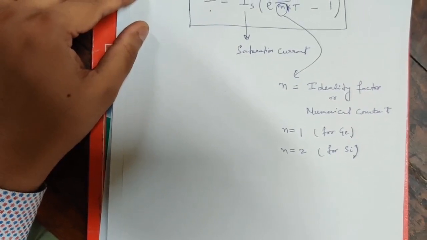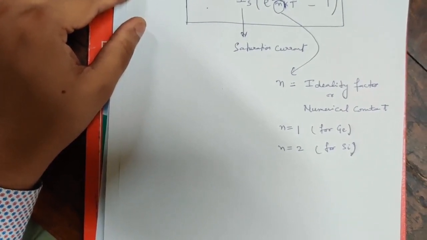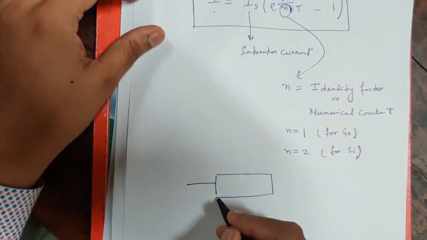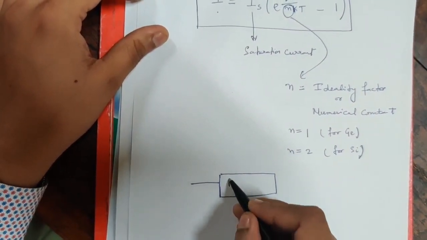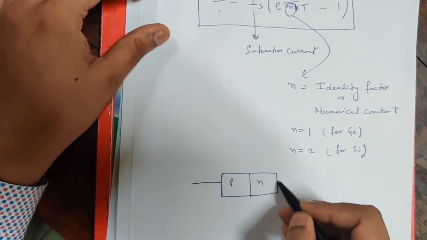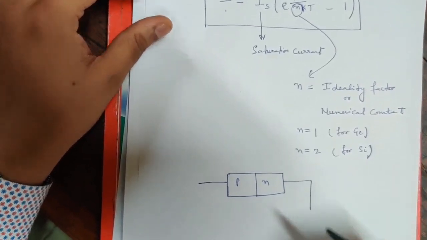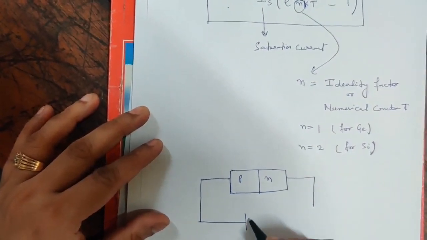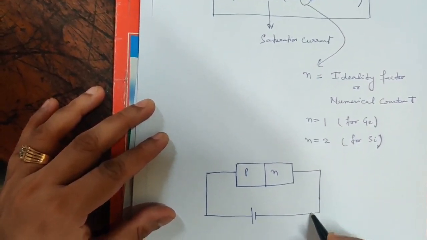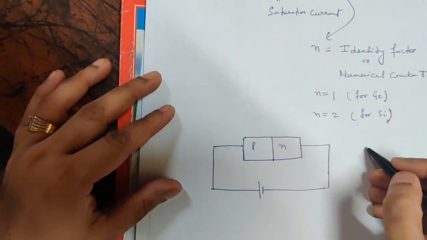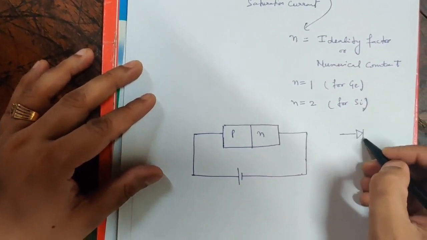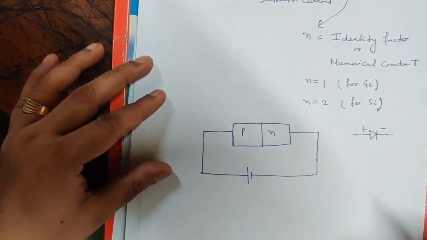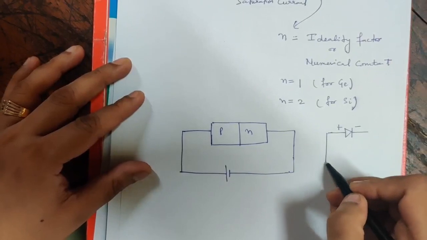Now there is an important point which I am trying to say, that whatever circuit you are taking here, like I am drawing a PN junction diode, this is my external applied voltage, right, and their symbolic representation here is this, where this is taken as positive, this is taken as negative, right?